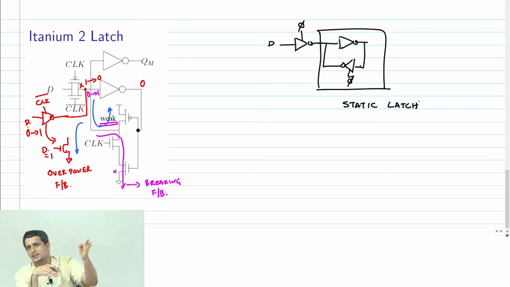Just like we did static CMOS and dynamic logic in combinational circuits, you also have the corresponding static latches and dynamic latches in sequential circuits. Okay? It turns out that there is a capacitance here, and therefore technically that capacitance can store the value for a short period. Ultimately, if you look at what should happen, each latch needs to hold the data for half a period. The holding needs to happen for half a period. The other half, it's transparent.